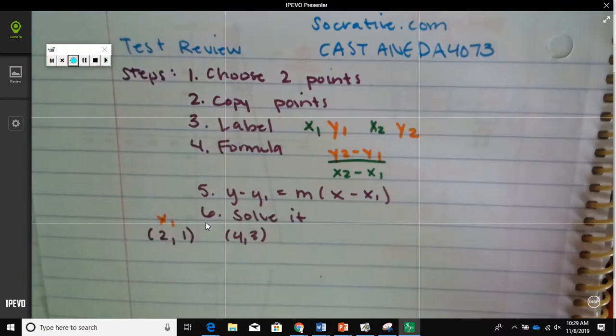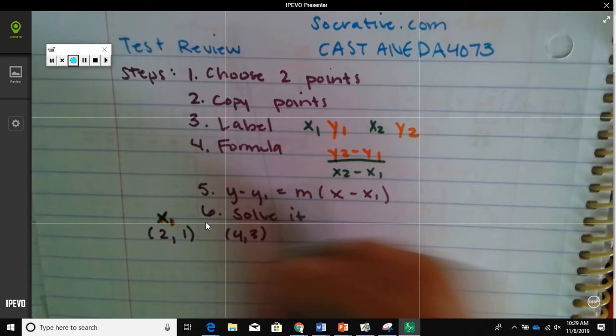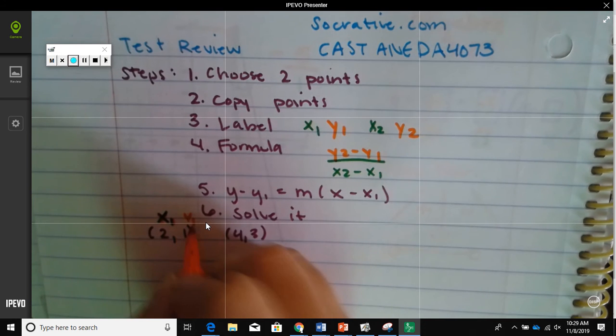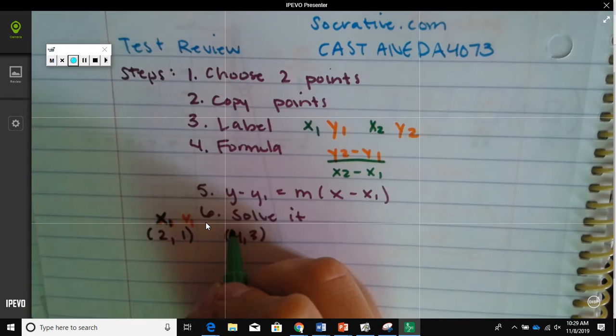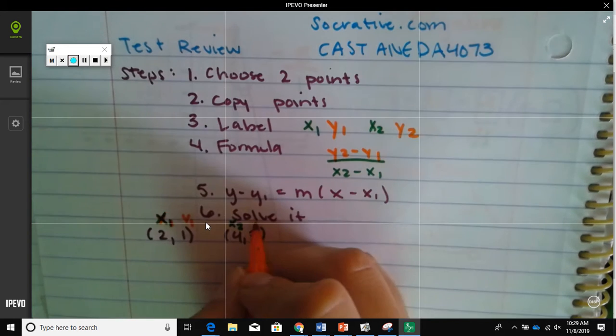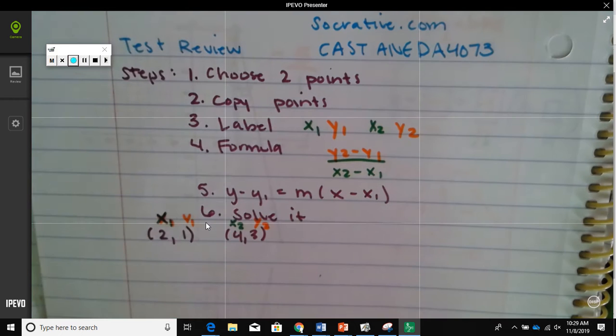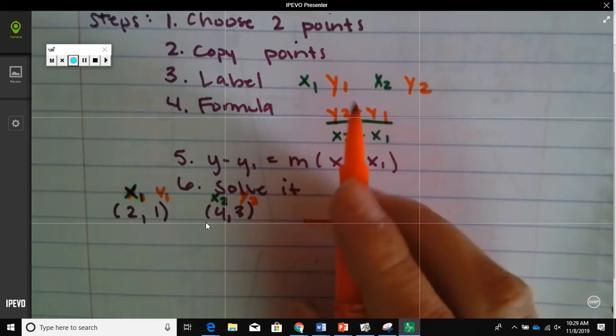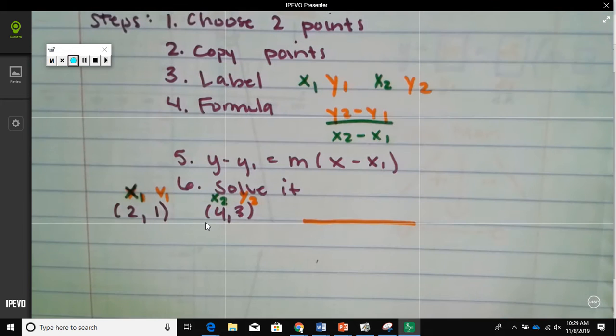X1, I did it in green. X1, Y1, then X2, and then Y2. That's the order of the labeling. Then I'm going to put in the formula. Y2 is what, Denise?